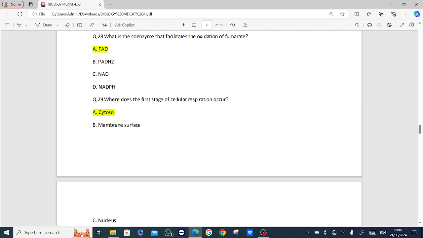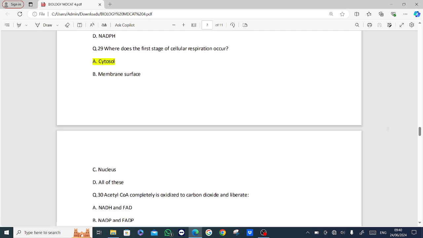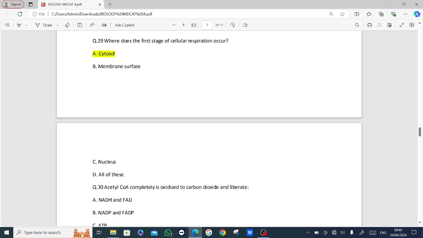Next MCQ is: where does the first stage of cellular respiration occur? Options are cytosol, membrane surface, nucleus, all of these. Answer is option A, cytosol.